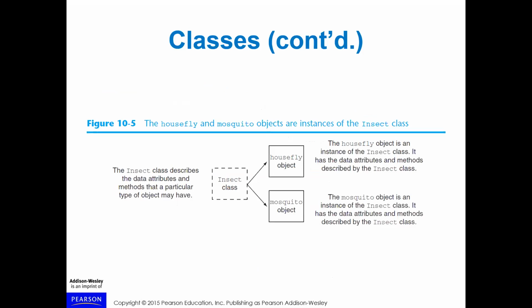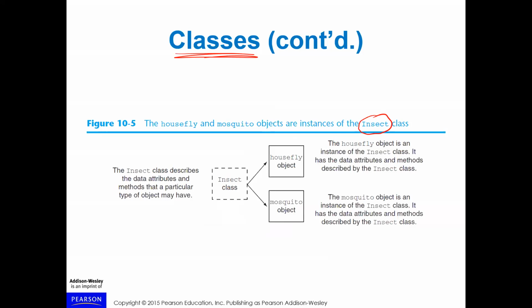All right, so now we go back to this idea of classes, the keyword. Here's another example. Now we're going to have a class called insect. There are millions of types of insects out there, and they have similarities. They're small, a lot of them fly.